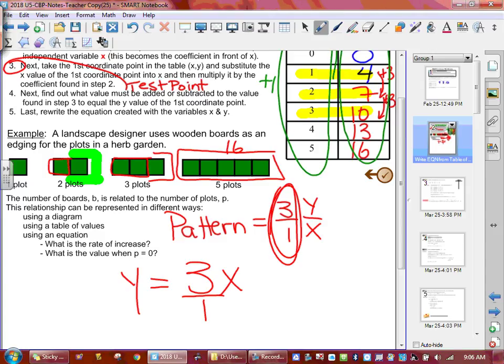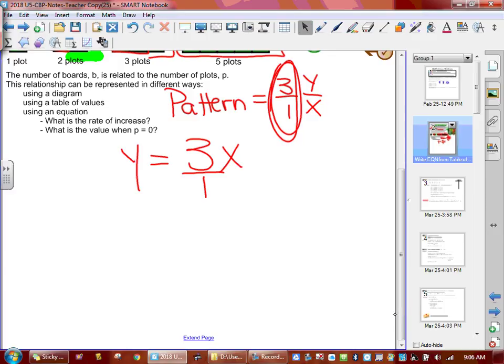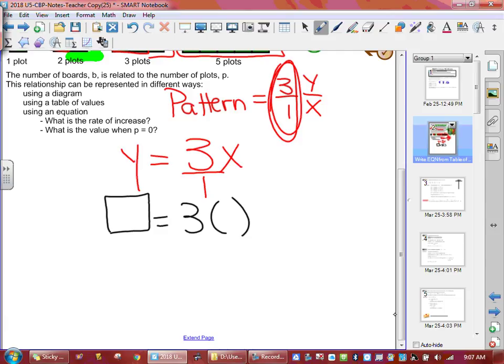Okay, we have an X number and a Y number. I'm going to use the 1 and the 4. That's my test point. So I'm trying to find out what my Y number is going to be. I have to times this by the X number.